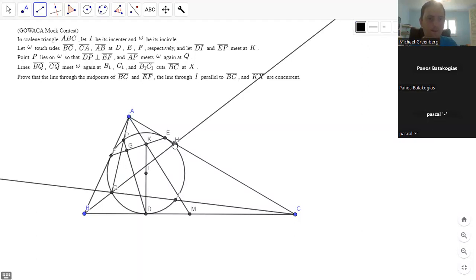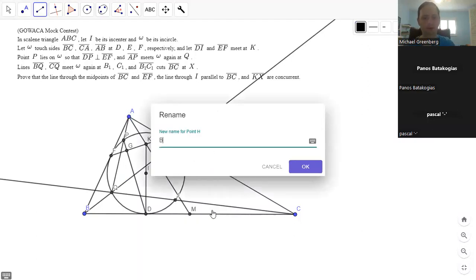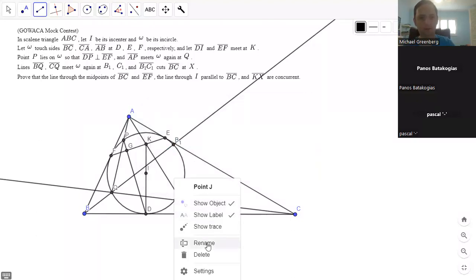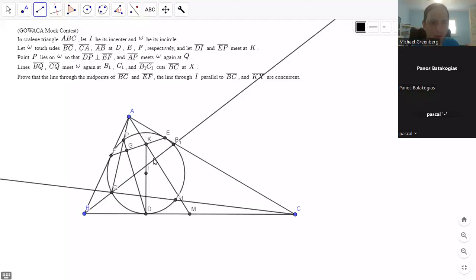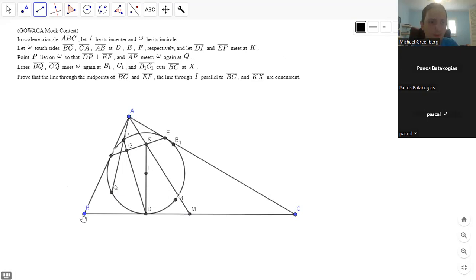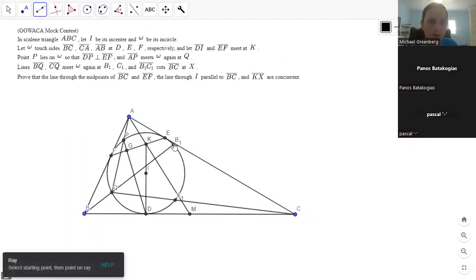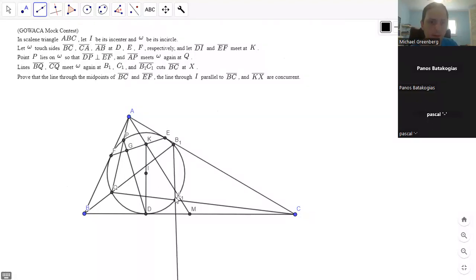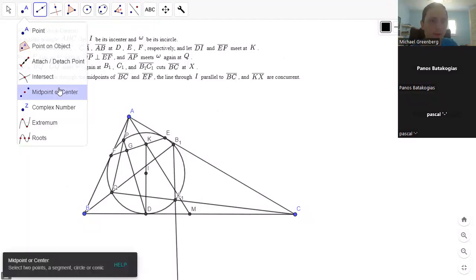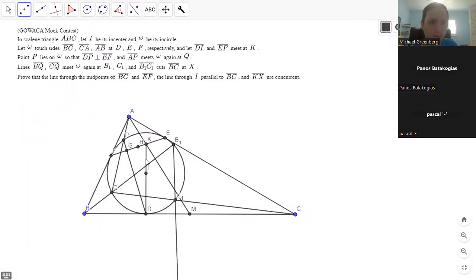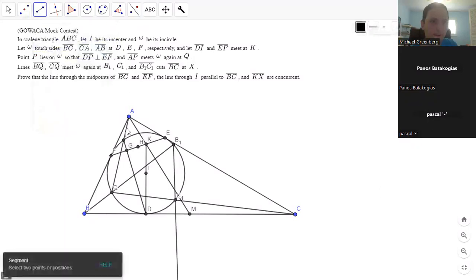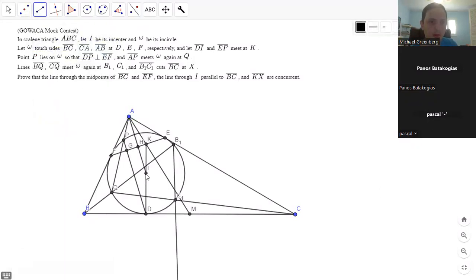So this would be B1 and C1, and X. So the line through the midpoints of BC and EF, the line through I parallel to BC, and KX are concurrent.